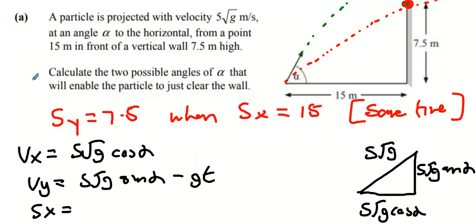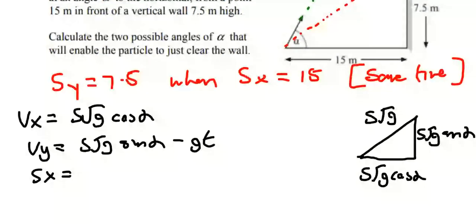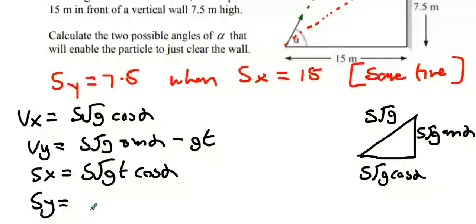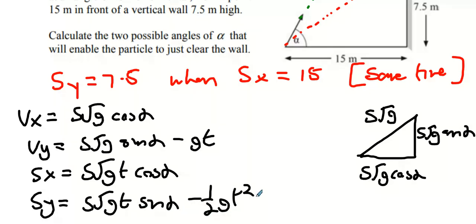Okay. Now what about Sx? What do we think? 5 root gt cos A, yeah. And Sy? 5 root gt sine A minus a half gt squared. Okay, so that's what the routine is going to be.